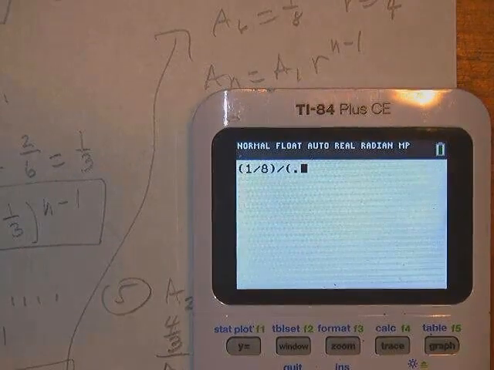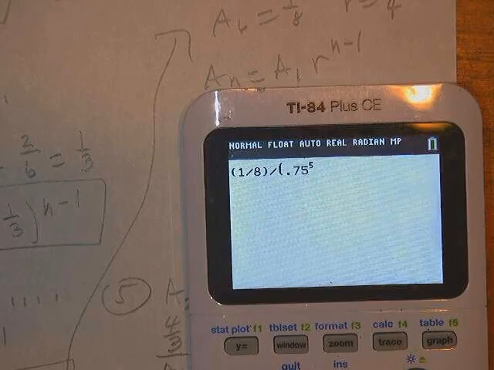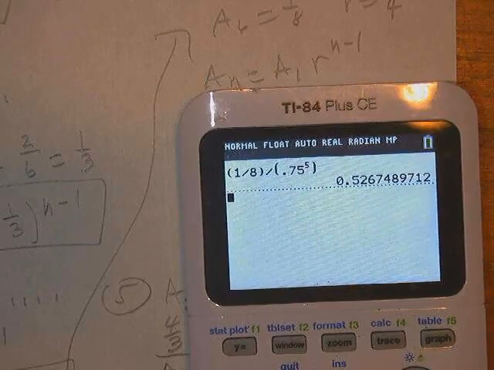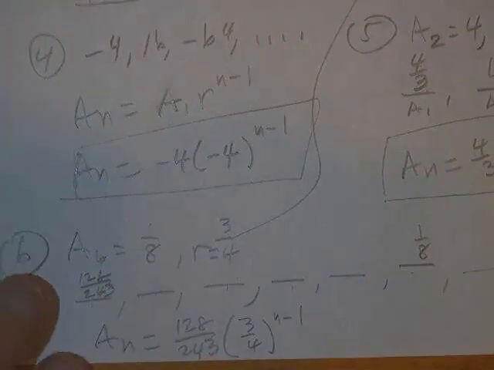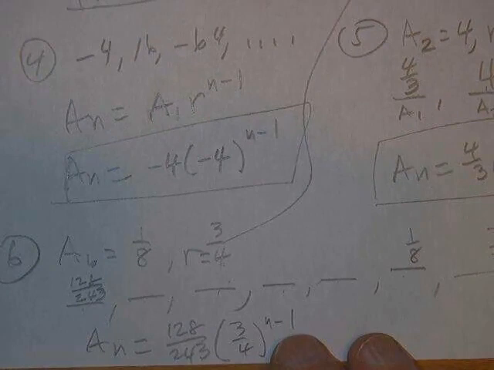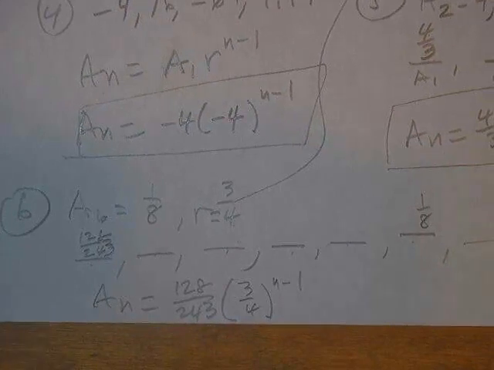That's 0.75 up to the 5th power. And we get the same 128 over 243. So that's probably enough. There's 2, 3, 4, 5, 6. There's 5 examples. On the next video, we'll talk about what to do on your homework.